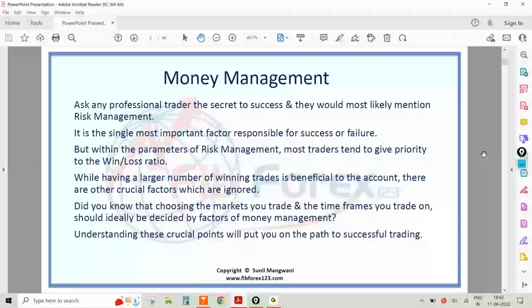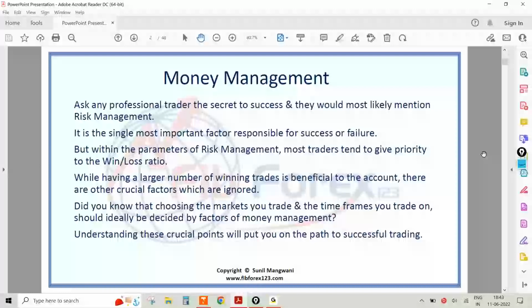For example, do you know that whatever markets you decide to trade and the time frames that you decide to trade on should ideally be decided by these factors of risk management? I mean, most of us, when we come into trading, decide on an instrument. Let's take Forex, for example. I've been trading Forex for so many years and decided I want to trade Forex.